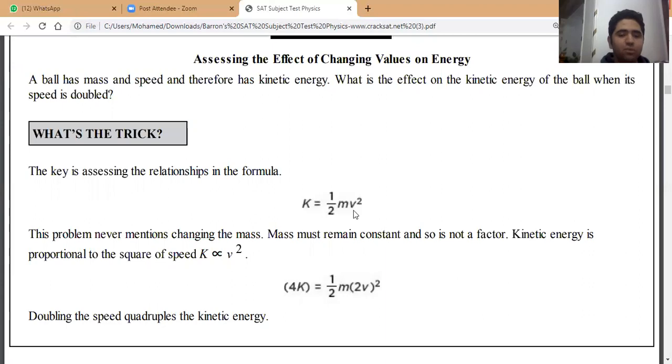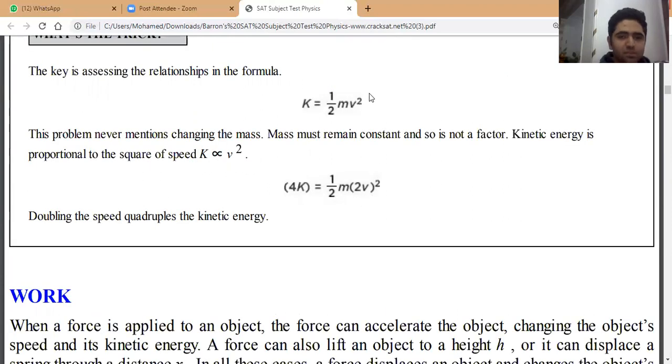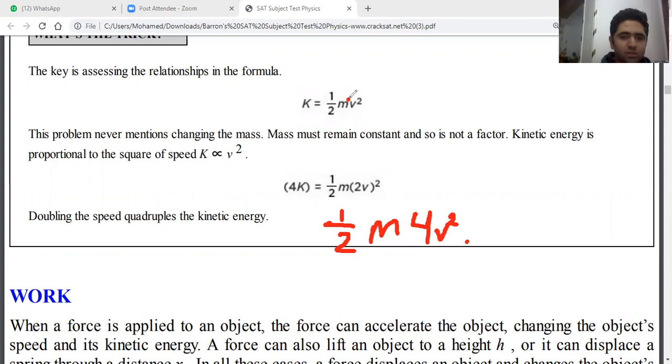We'll have half m times (2v) squared, which is half m 4v squared. Before we had 1, but now we have 4. So the kinetic energy was multiplied by 4 when the speed was doubled.